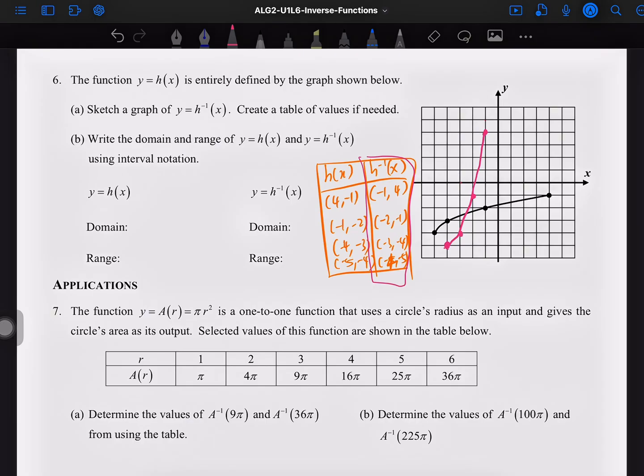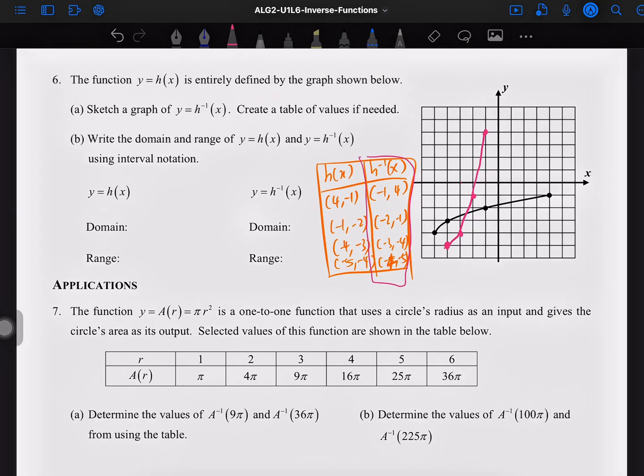And then we need to find the domain and range, right? First the domain for y equals h(x).